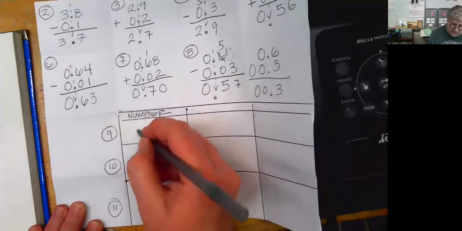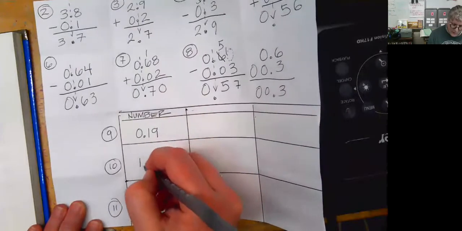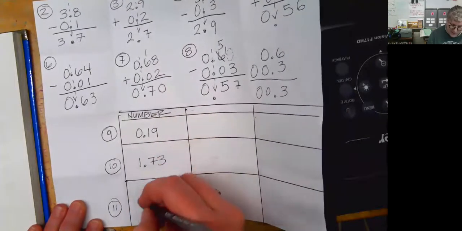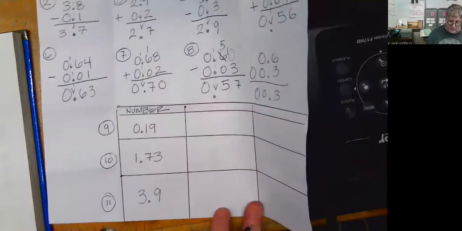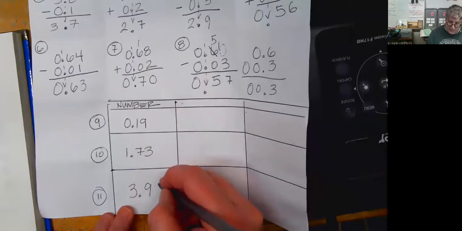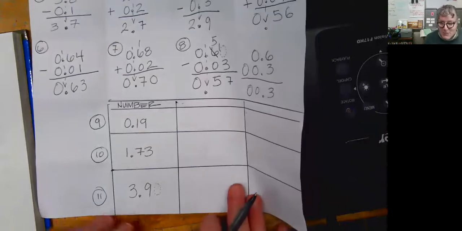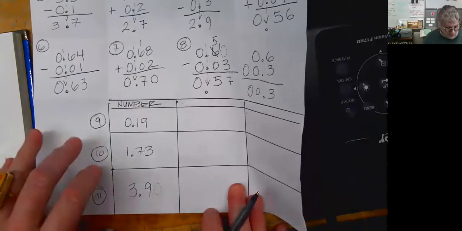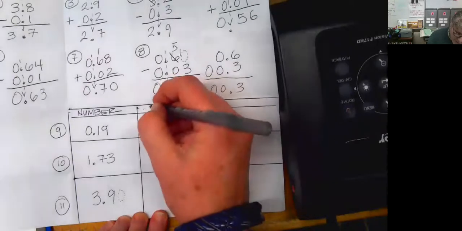This has 19 hundredths. This has 1 73 hundredths. And this has 3 9/10, right? And remember, do not be afraid to put a fake 0 there, a little imaginary 0, should you need it. Because I have a sneaking suspicion we're going to need that. This column, we're going to do 1/10 more.